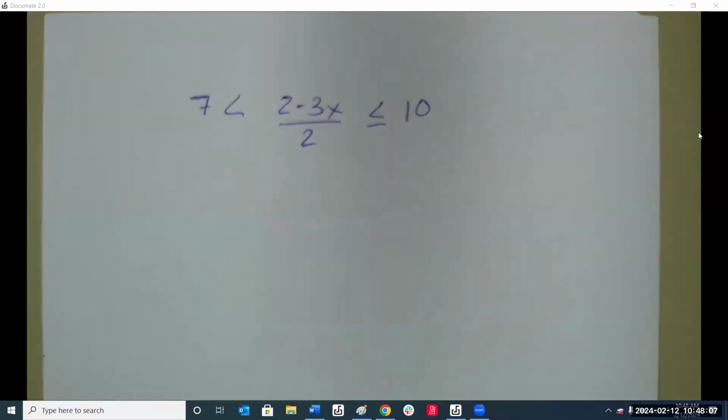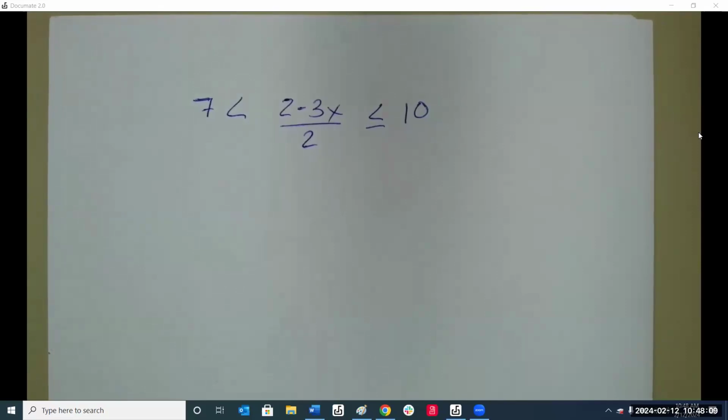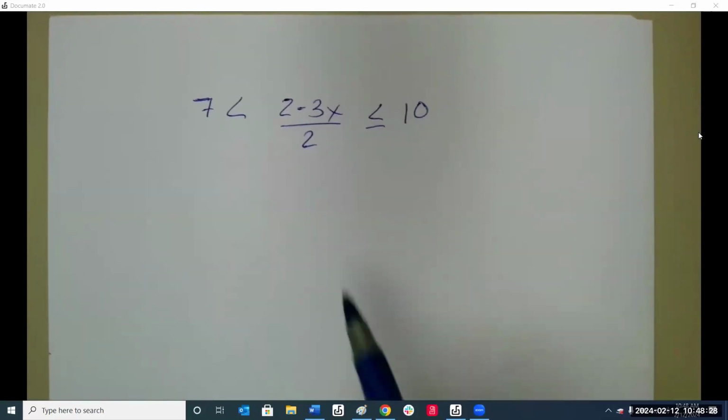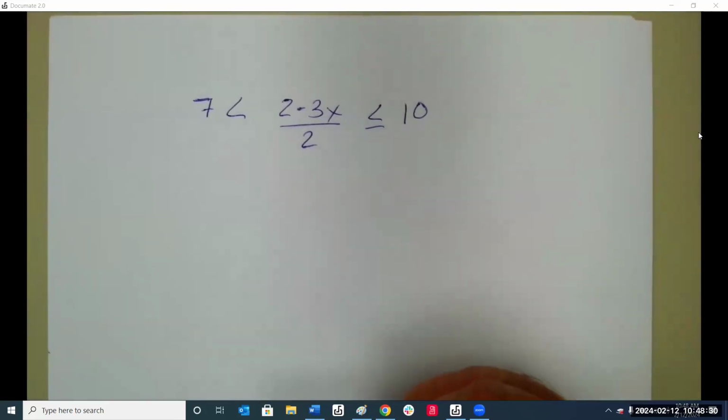There, let's look at that. Remember, your center, wherever your x is, that is your guide. What would you have to do first to get x by itself? What do you have to get rid of?